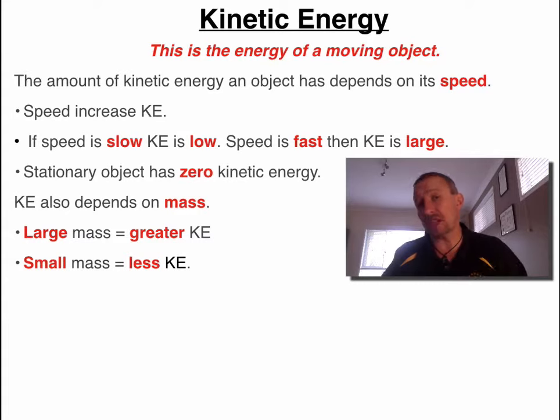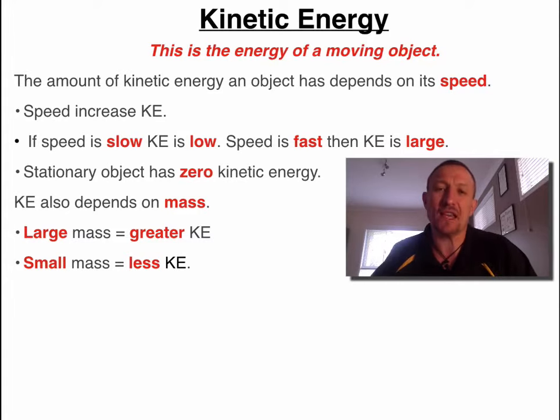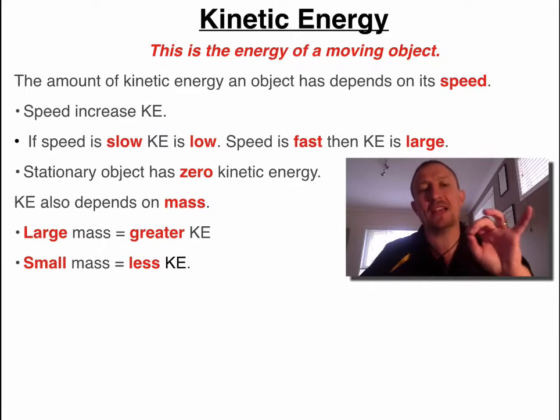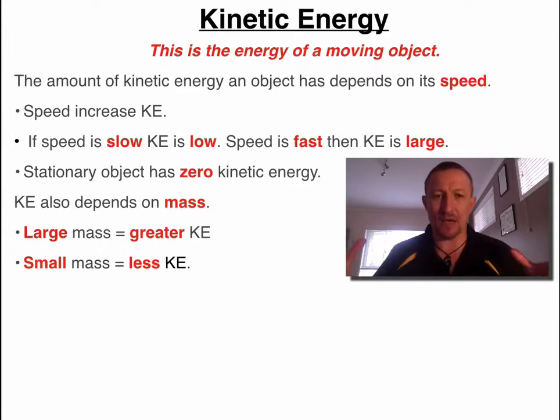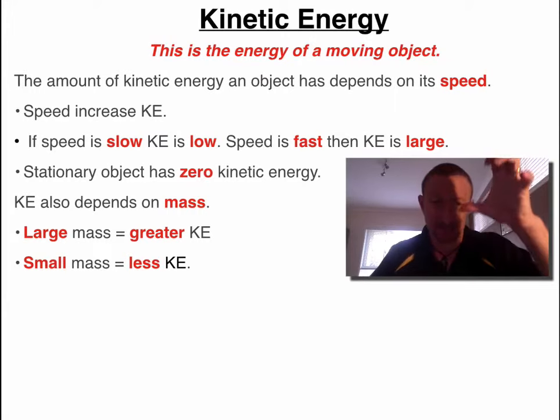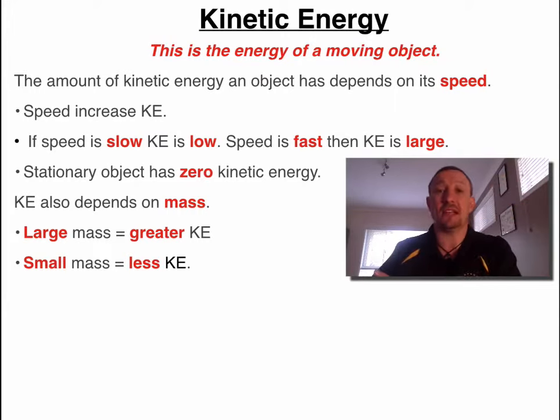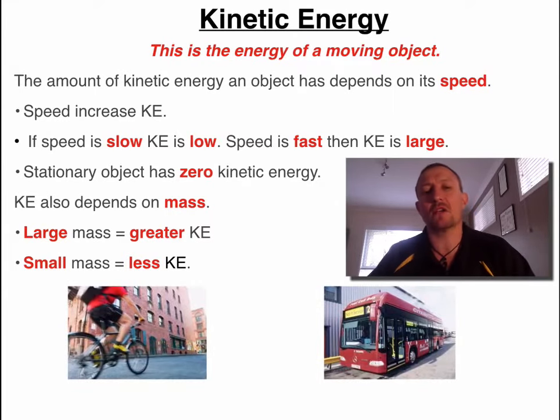Obviously, if you're not moving, as stated earlier, you can't have any kinetic energy. Mathematically, we'll show that in a second. The concept is that as your mass gets bigger, you get a greater kinetic energy, but as your mass gets smaller, you have less kinetic energy. Fairly straightforward.